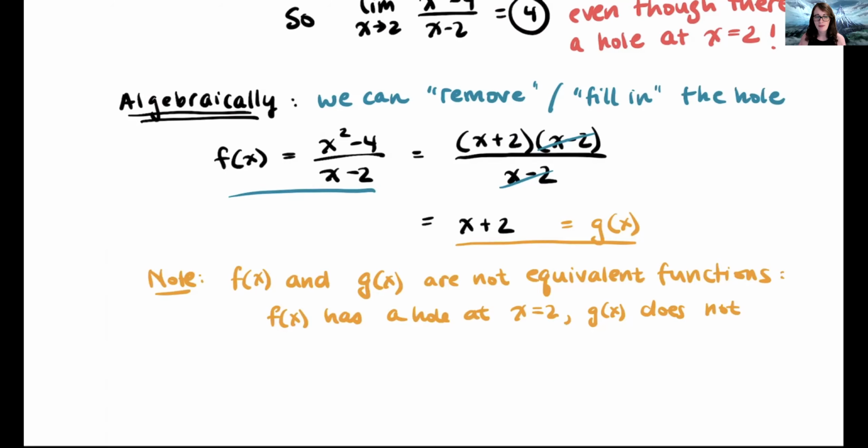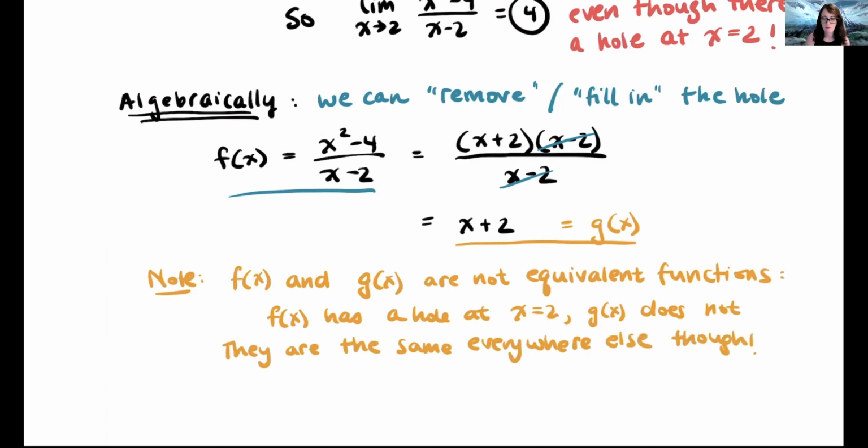So they're the same everywhere except at x equals 2. They're the same everywhere else though.